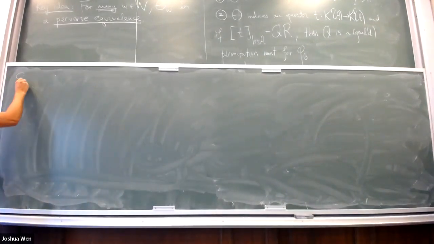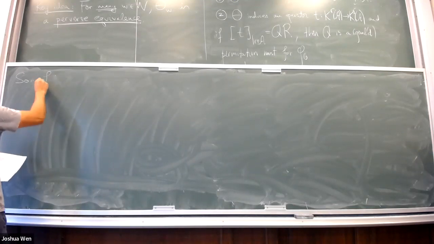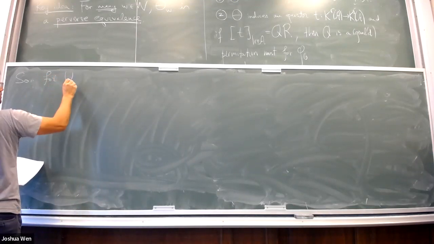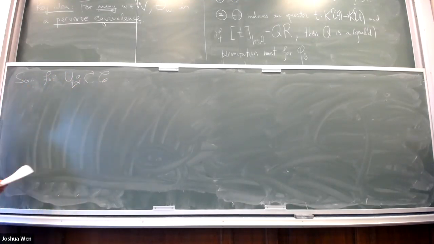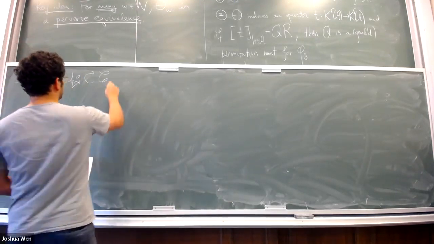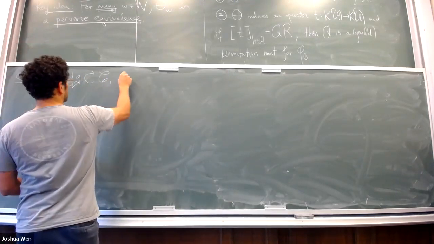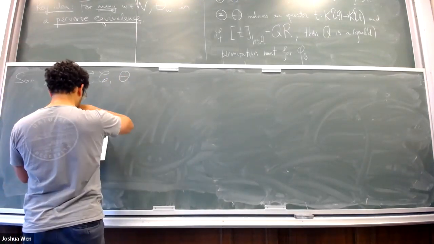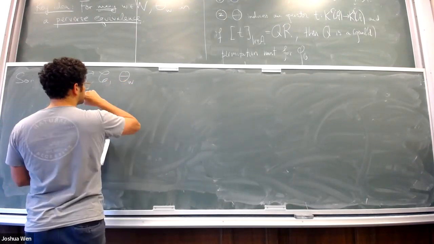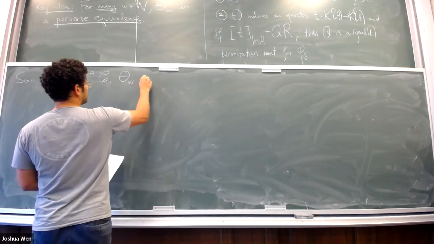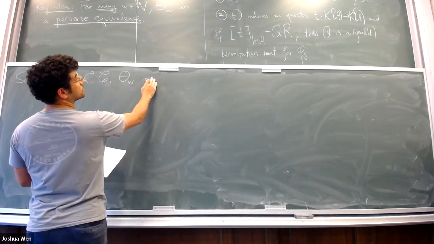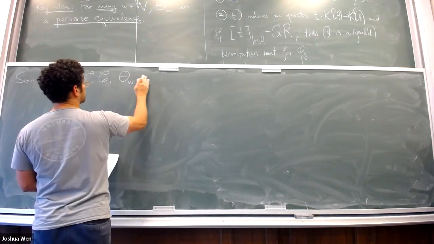So what's the upshot here? We're in the setting where we have a categorical representation of G, and this Rickard complex theta W. How do I want to say this?